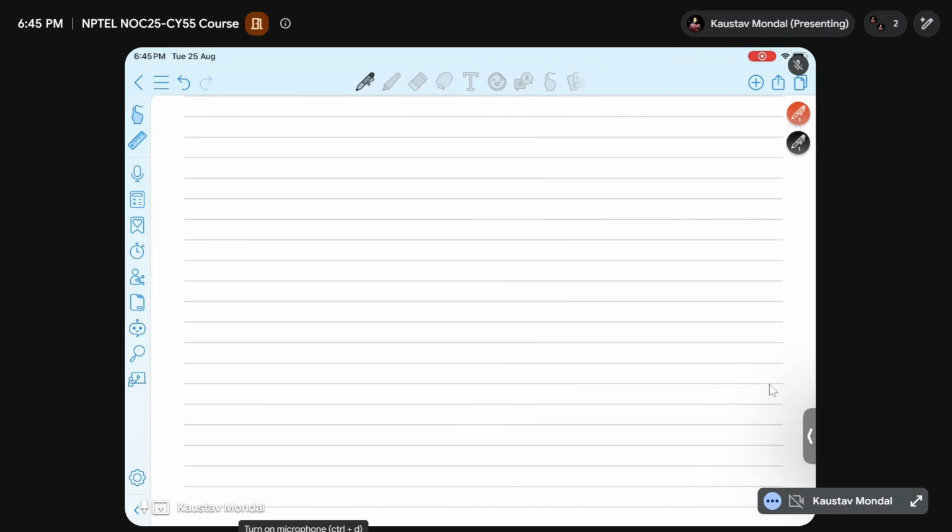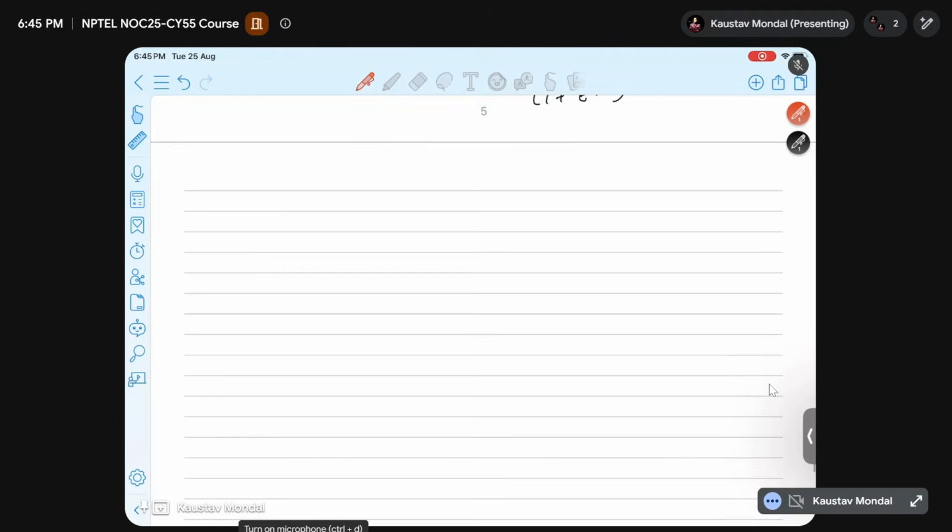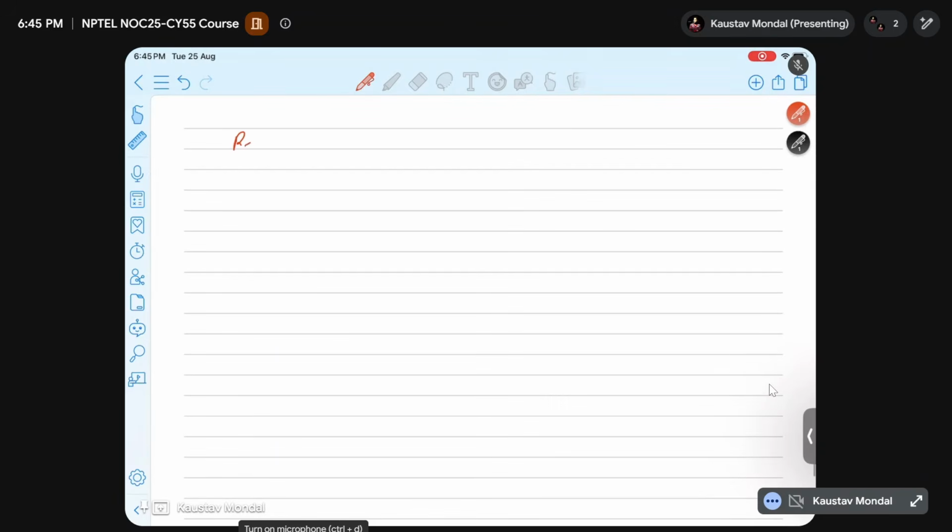So the topic is the single particle partition function from the canonical partition function.